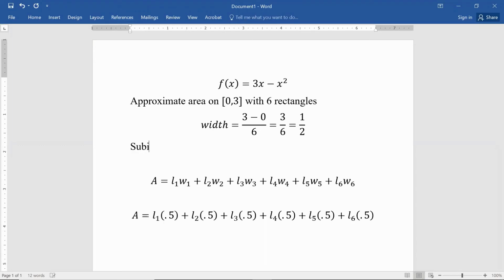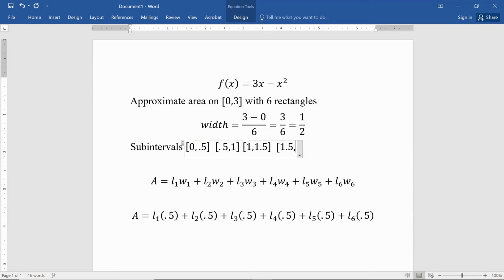Our subintervals here go from 0 to 0.5, and then from 0.5 to 1, 1 to 1.5, and then from 1.5 up to 2, and then from 2 up to 2.5, and then from 2.5 up to 3.